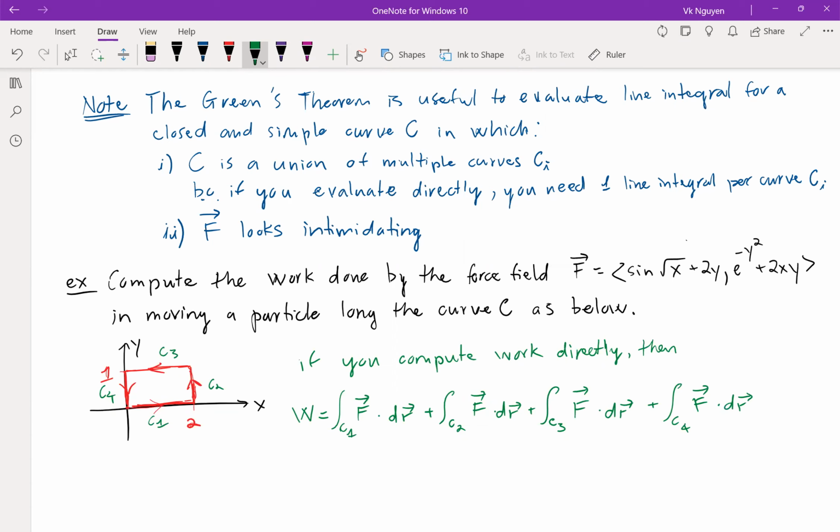You can do it if you want to verify the Green theorem. But we definitely don't have time to do this, which can be long and tedious.